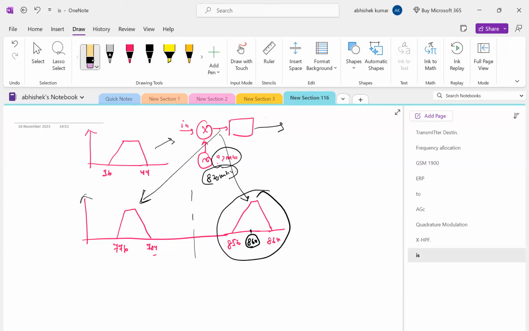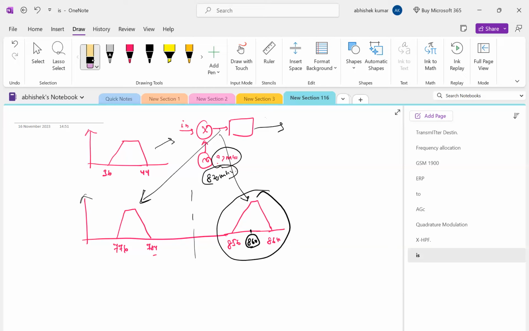High, low pass filter. Only one component at the output, assuming it is the 860 megahertz component.